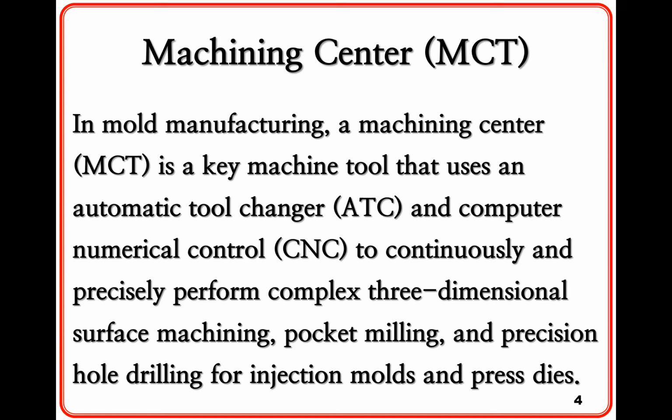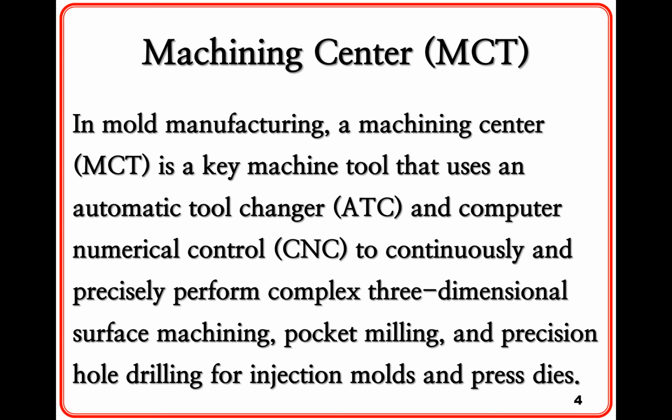The basic structure of a machining center is similar to that of a conventional milling machine. It consists of a bed, a column, and components corresponding to the X, Y, and Z axes, such as the knee, saddle, and table. These components are equipped with servo motors and servo control systems.